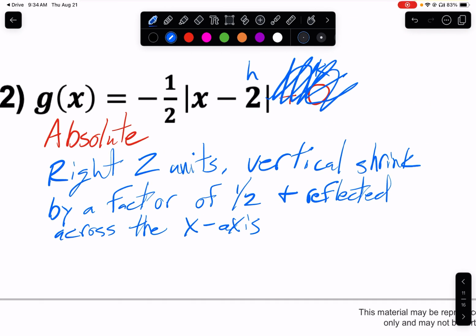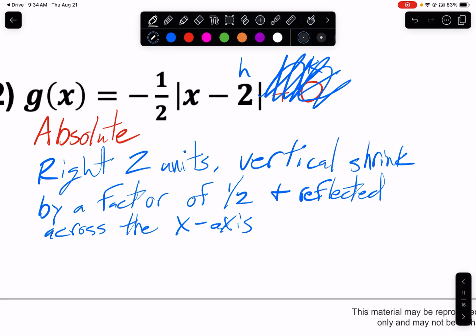Now if we were to graph this, you remember that our absolute value parent function is the v, like this, okay? So first of all, we need to reflect it, so it's going to be upside down. So our arrows are going to be pointing down, falls on both sides, all right?